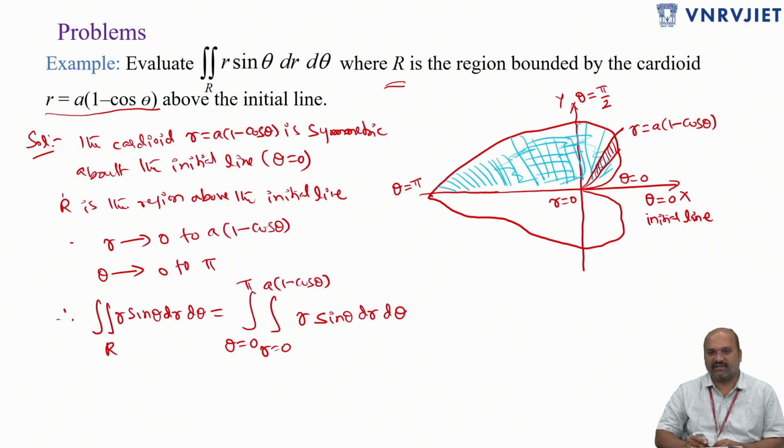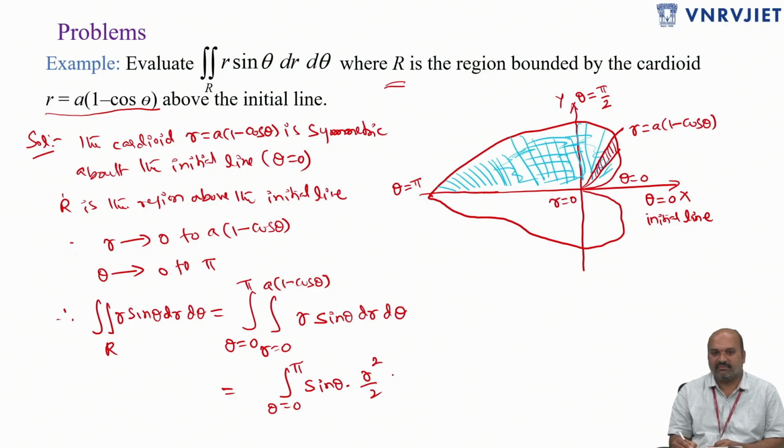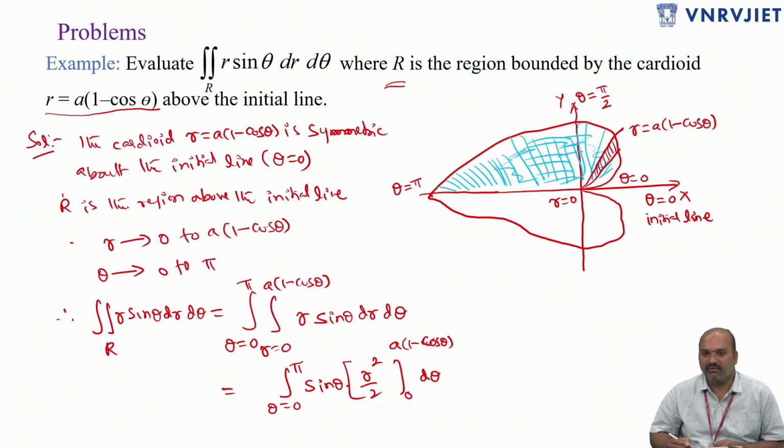First we evaluate with respect to r, then with respect to theta. While integrating with respect to r, we treat theta as constant, so sin theta is constant. The integral of r dr is r square by 2, with upper limit a into 1 minus cos theta and lower limit 0, into d theta.